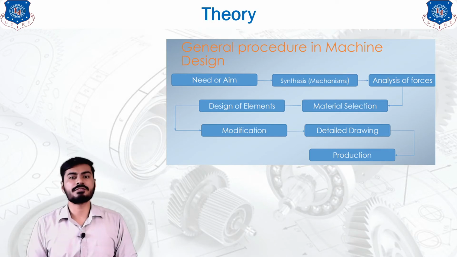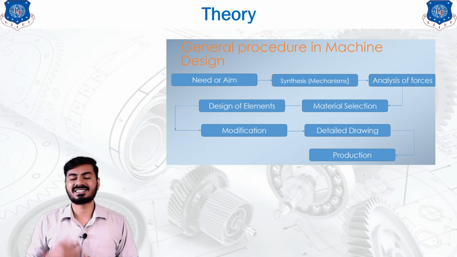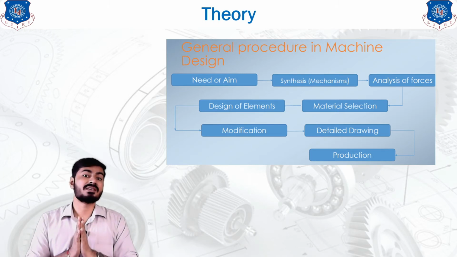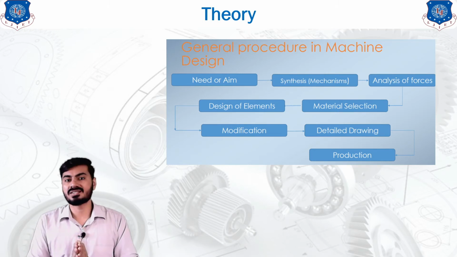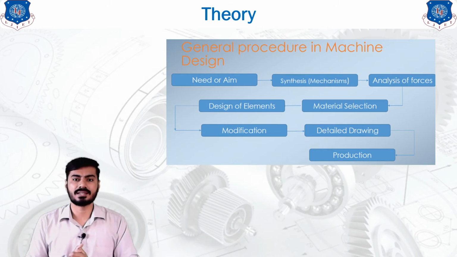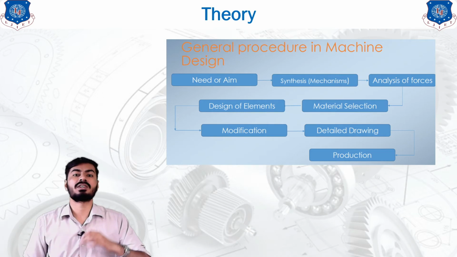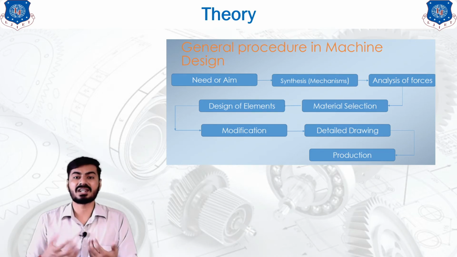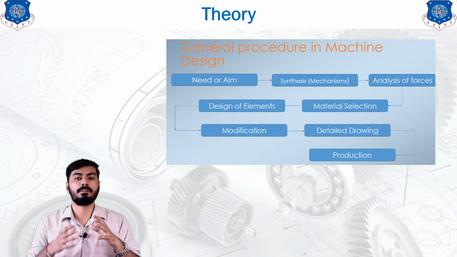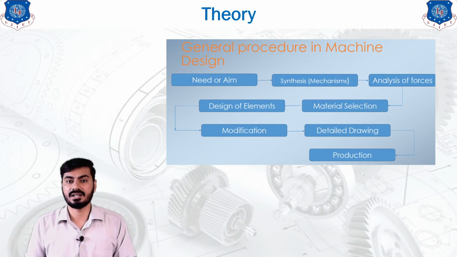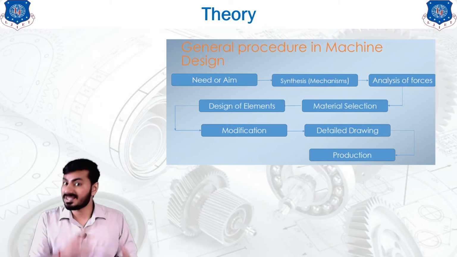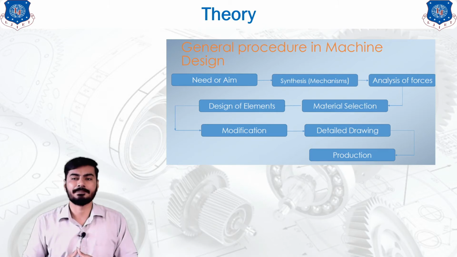After the completion of step number 4, step number 5 is the material selection. Now this is a very crucial and important step in the design procedure, where the designer has to give extra effort to provide the optimum, or the best, material for the design.